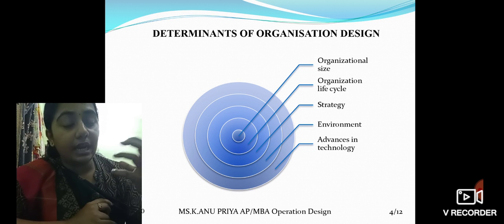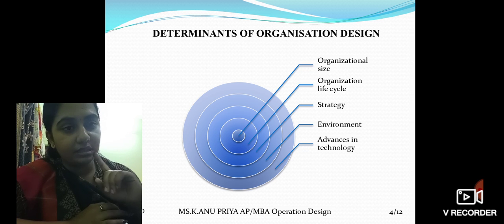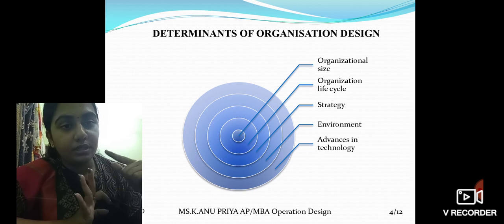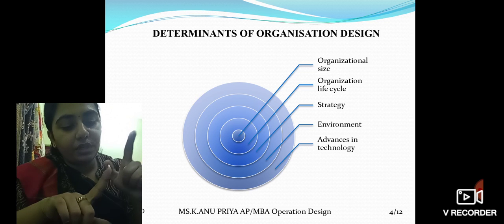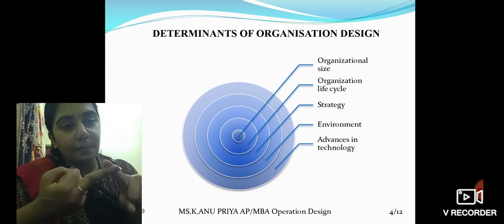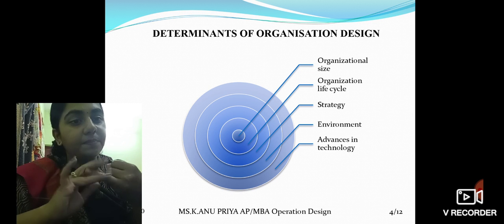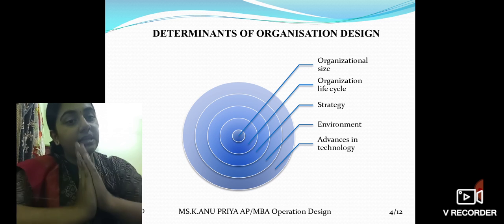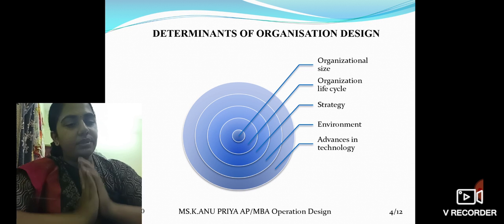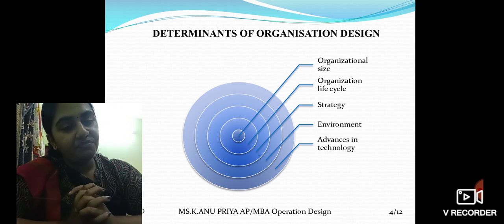Next is environment. We came across environment, and it was elaborated in the last unit. Environment is nothing but the public, customers, consumers, suppliers, distributors, stakeholders, shareholders, competitors, etc. Then advantages in technology. For example, I have the advantage of using updated technology.